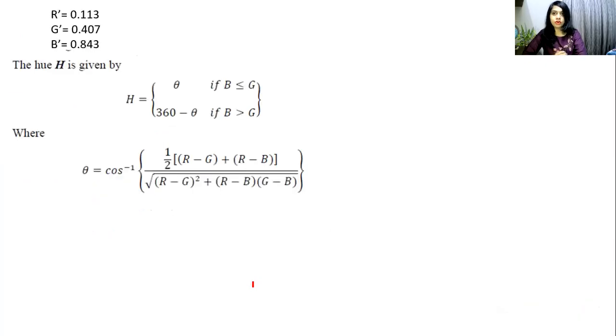And now we have to solve for H. For H, we have this condition. First we have to check whether blue is less than green or not. In our example, you can see blue is greater than G. So we have to use this particular formula, 360 minus theta, because blue is greater than green. First we'll calculate theta. For theta calculation there is a formula.